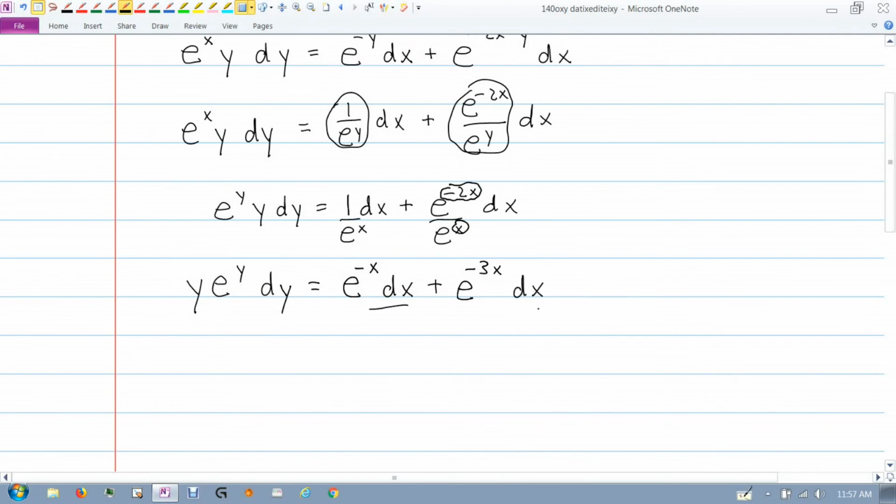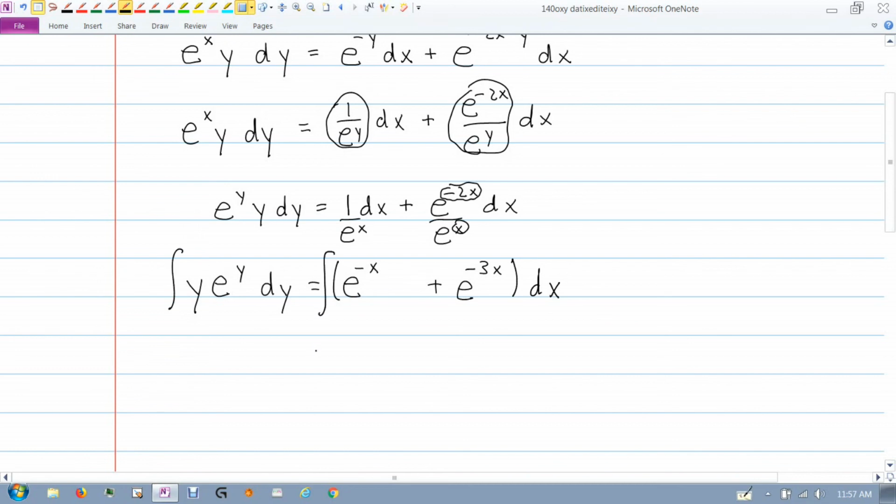Now these both have dx in them, so what I'm going to do is factor the dx out and just go like this. Okay, and that should be it. We should be at a good point here where we can integrate both sides.